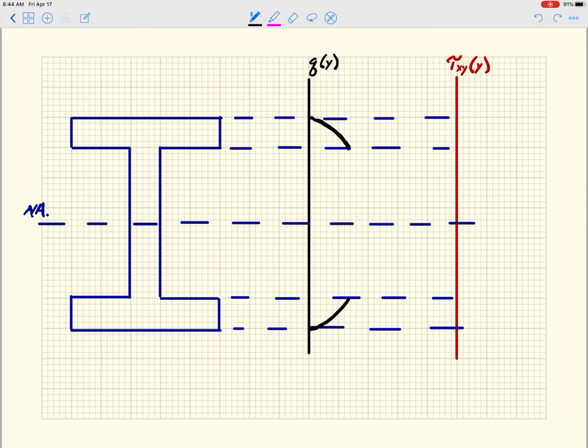And if you plot this out, and you can do so in Excel, because you know how to calculate the area times the moment arm, D, what you'll find is that it looks something like this. Okay.